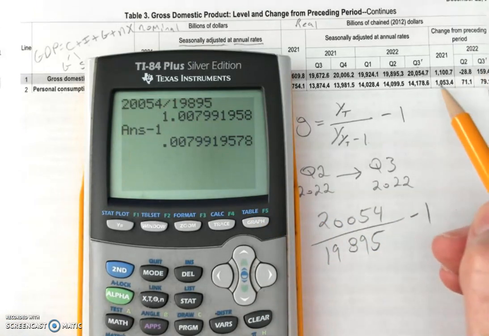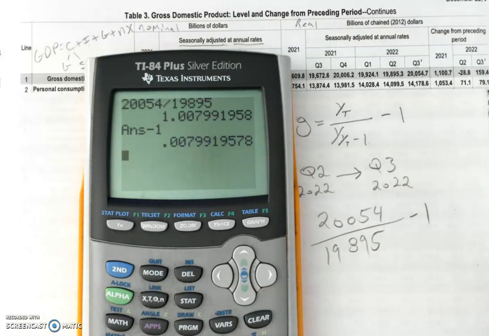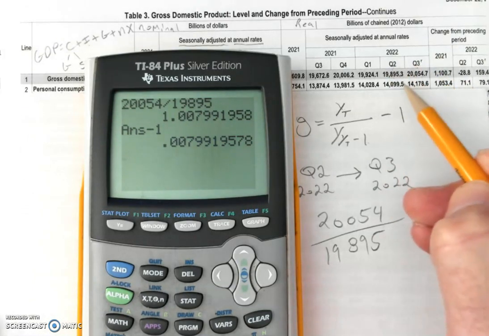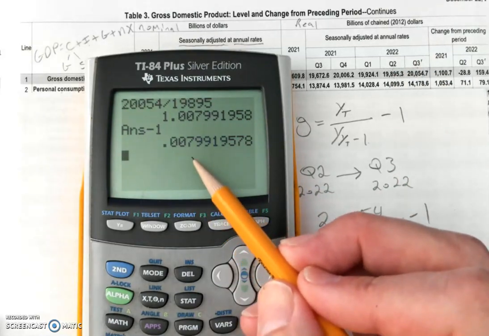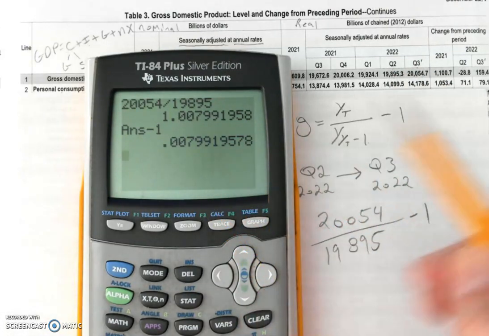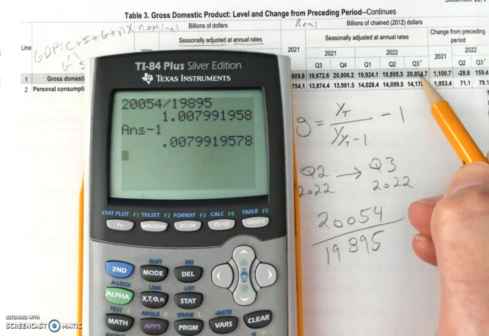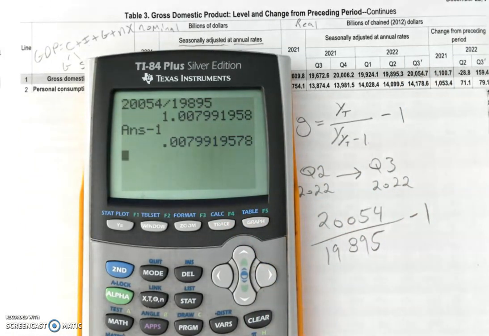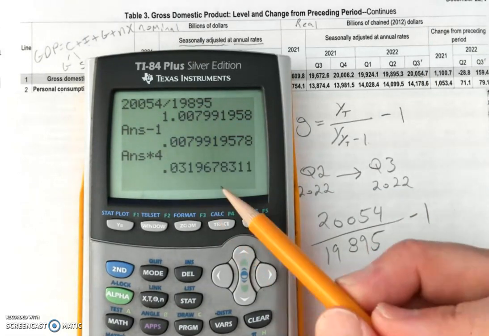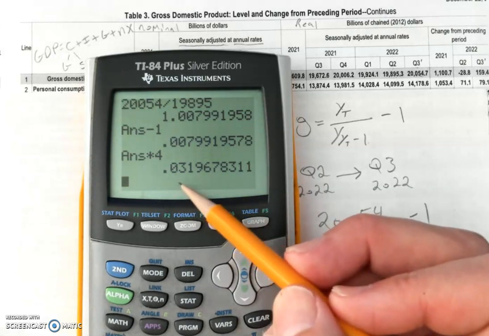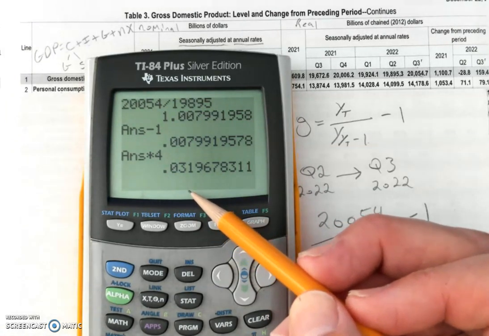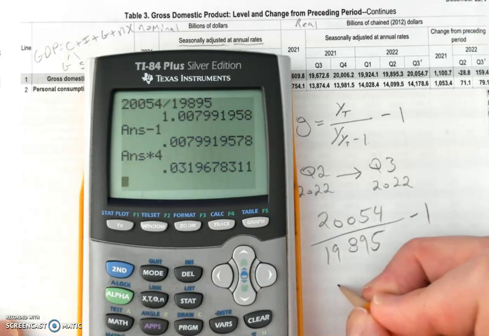Now, if we want to annualize that change, which we do, more on that in a minute, we're going to take this quarterly change here, because this 0.007 is actually the change from quarter 2 to quarter 3. But what if we want to think of that change as annual? We would multiply by 4. And that gives us essentially 0.032, which is 3.2%.